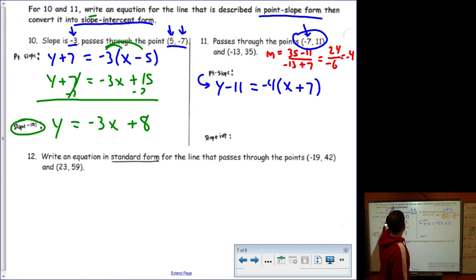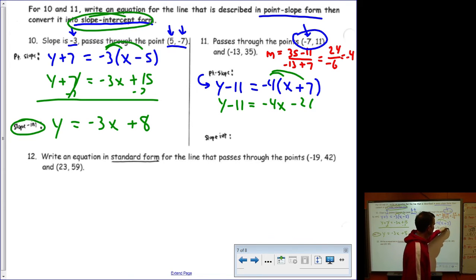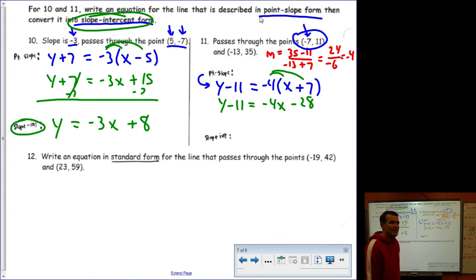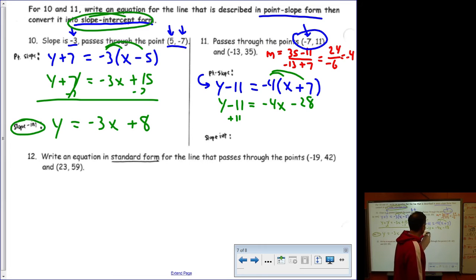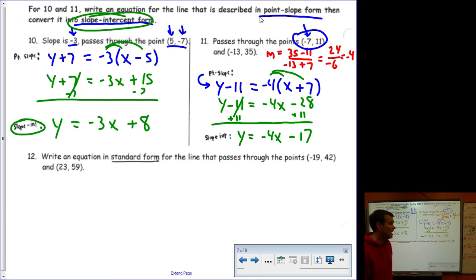Let's go ahead and change that into slope-intercept form. So let's distribute the negative 4 and get y minus 11 equals negative 4x minus 28. And then let's add 11 to both sides. And I get y equals negative 4x minus 17. I hope that's right.